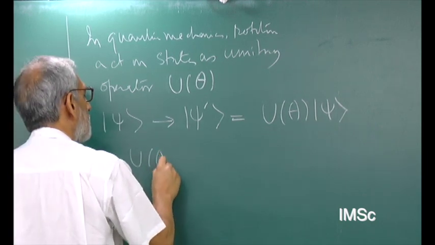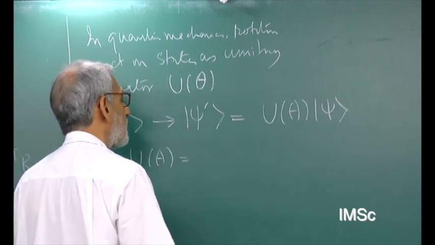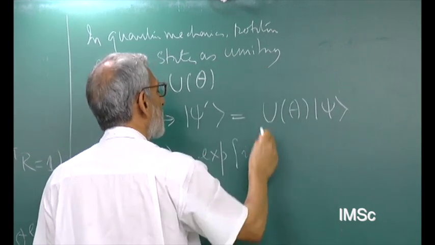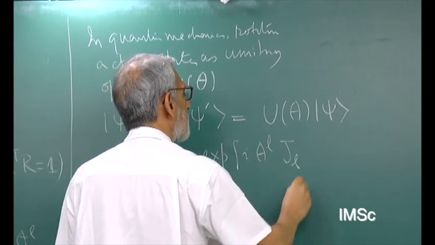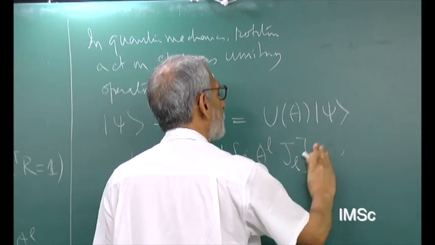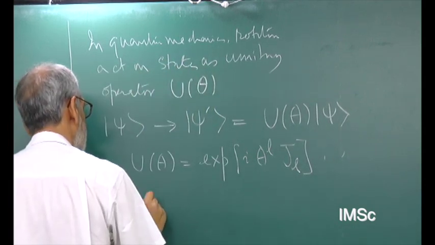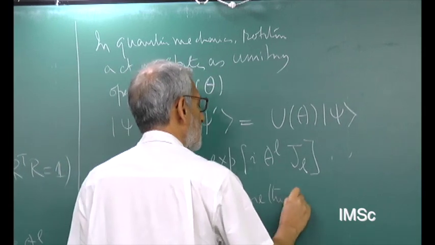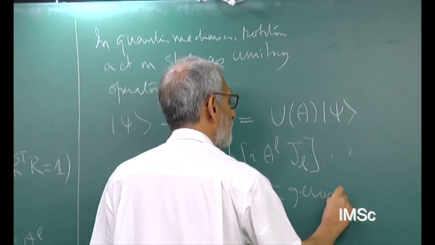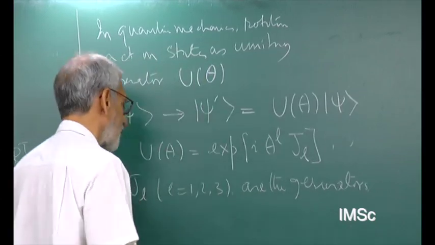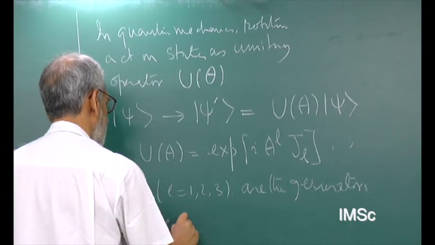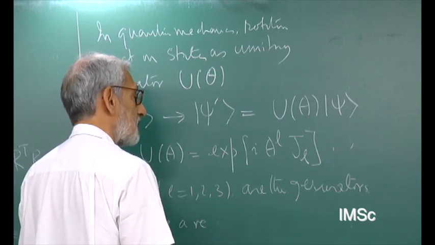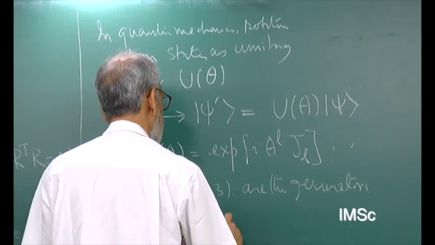And U(theta) is a 3 cross 3 unitary matrix, which is parameterized as exponential of i times these three thetas times J_l, where J_l with l = 1, 2, 3 are the generators. These are Hermitian.